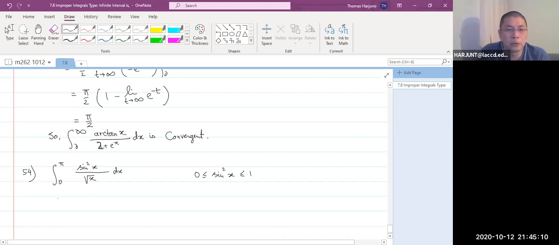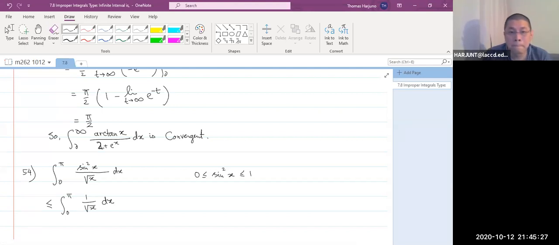So I can say this is less than or equal to the integral from 0 to pi of 1 over square root of x dx. Is this a p integral? No, it's not.